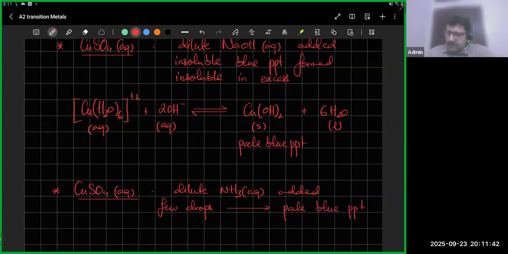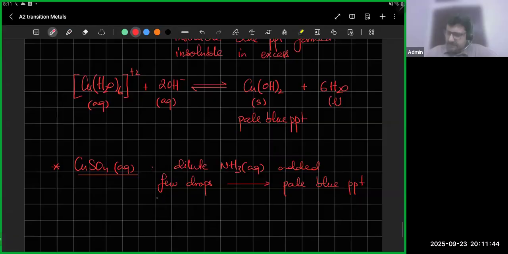And when you add ammonia in excess, the pale blue precipitate dissolves, giving a deep blue solution.